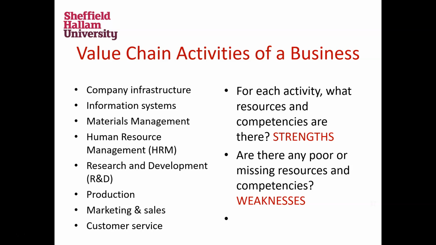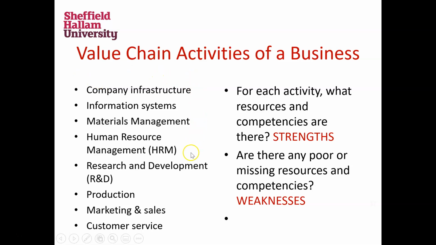So this looks very similar then to the slide I showed you for functional analysis in Screencast 4. So here we can see in the left hand column the different activities which are set out in the value chain. So here we have the 4 support activities: human resource management, materials management, information systems and company infrastructure.